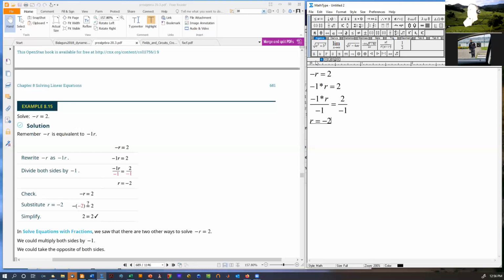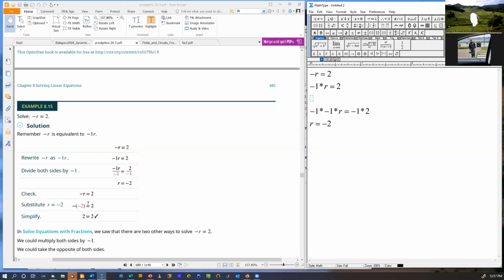So basically, you're dividing through by negative 1, and you're moving the negative to the other side of the equation, right? You could just as easily think about this as saying, well, this is negative 1 times r equals 2, but I could also write this as negative 1 times negative 1 times r is equal to negative 1 times 2.